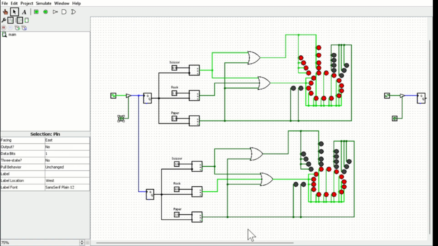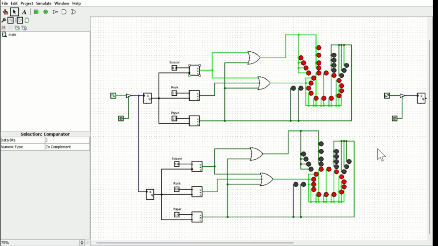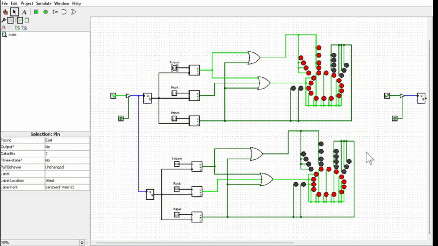The random generator is connected to 3 comparators, and each comparator is connected to a pin and to several logic OR gates, which are connected to several LEDs to show the output of the hands. This represents paper, rock, and scissors, and we made 2 copies so that we know each player's hand. Me, Utsav, and Sanya are going to explain how each of the parts work and their purpose.